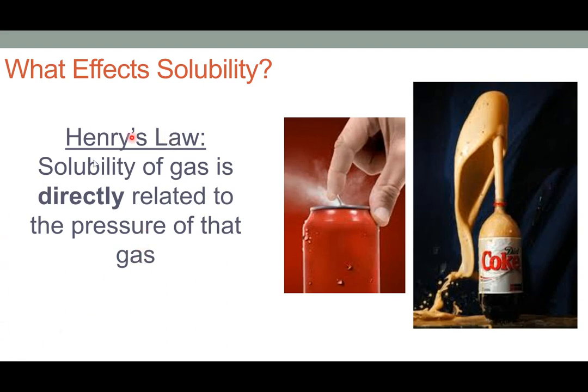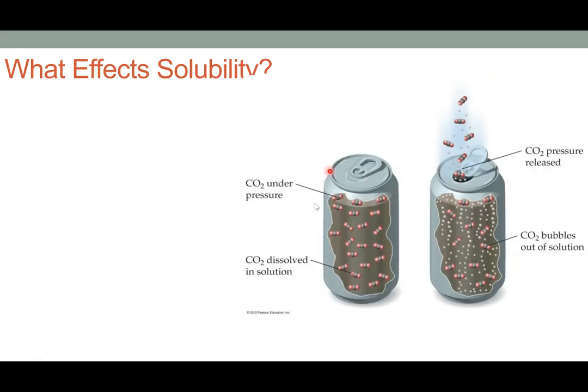Okay? So in a pressurized system, the carbon dioxide, the gas inside of the soda, was dissolved in solution. When we decreased the pressure by opening it, that carbon dioxide is no longer dissolved. It's coming crashing out of the solution, and we see those bubbles rise to the top of our can.